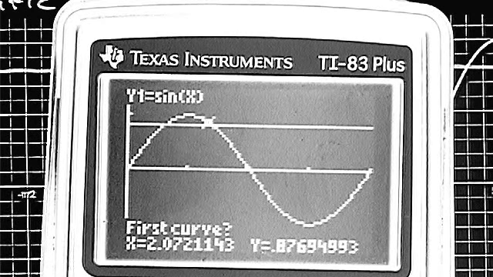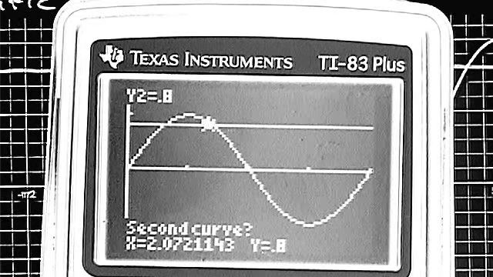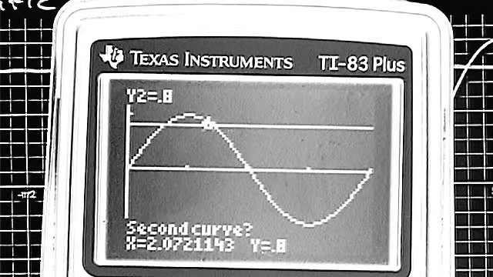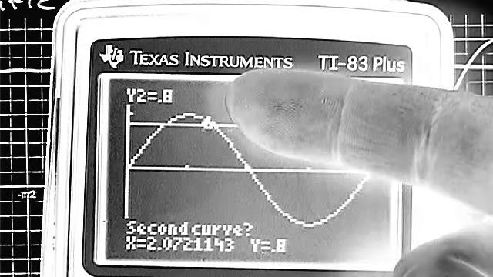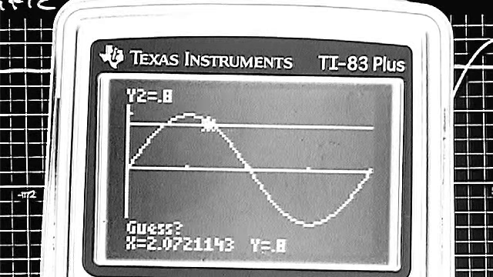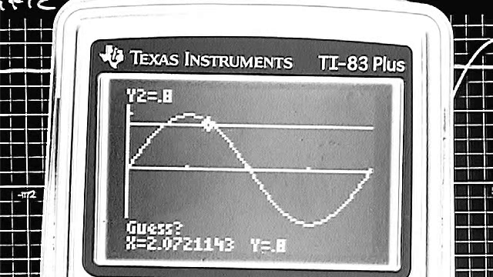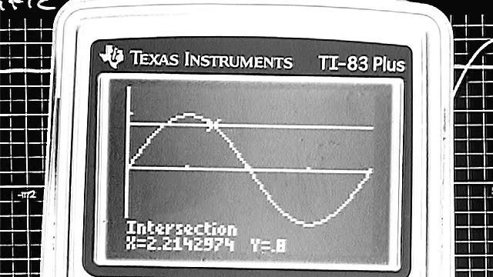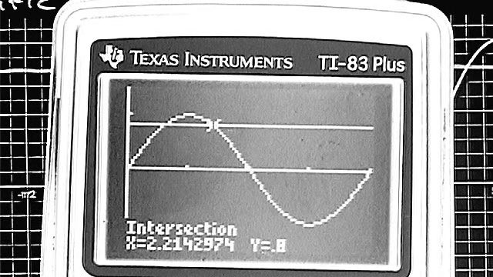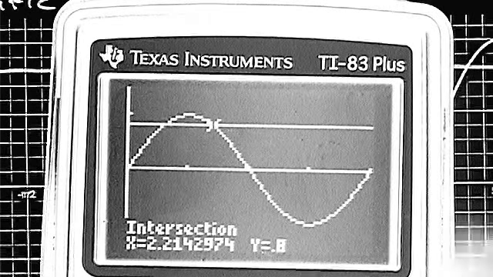So if you get it close to this other one, oops, I'm not to the guess part yet. Why am I even thinking about that? So the first curve was the sine function. Second curve, is that equal to y equals 0.8? Yes. Guess, now that I'm close enough, it doesn't really matter, so I can just hit the enter button. It will go, because my guess was closest to the other value, and found the other one at 2.214.